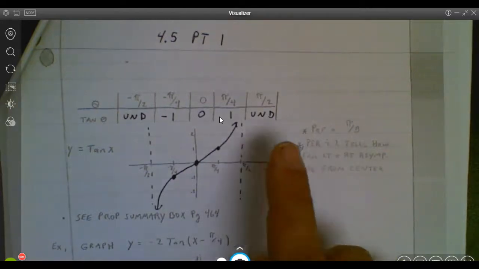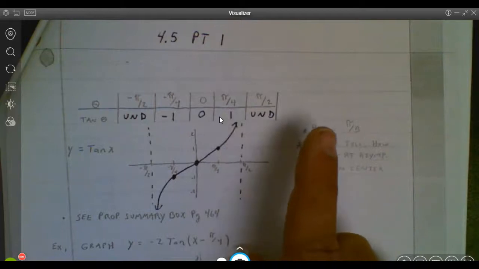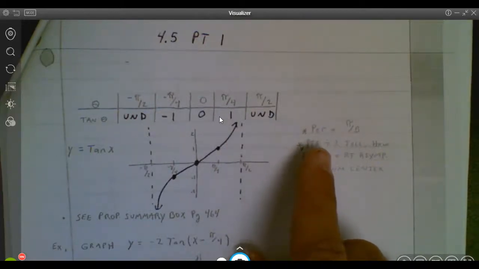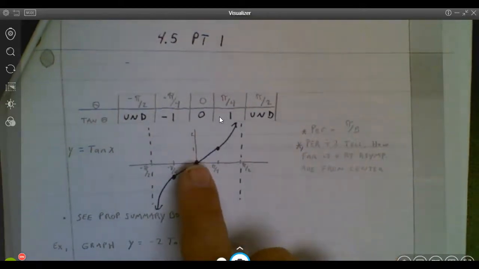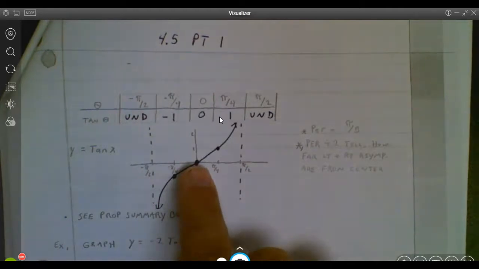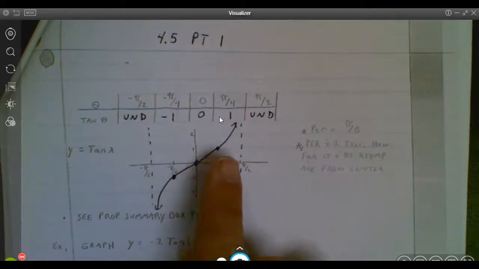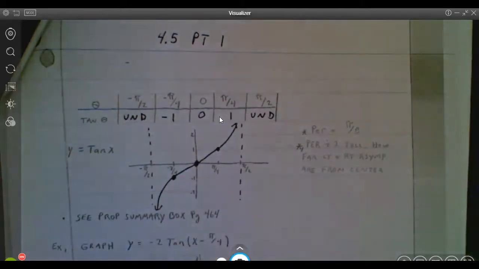On this one, the period was pi. If I did pi divided by 2, that would be pi over 2. So if I'm centered at 0 like the parent function is, then I would go pi over 2 to the left and pi over 2 to the right in order to get my vertical asymptotes.